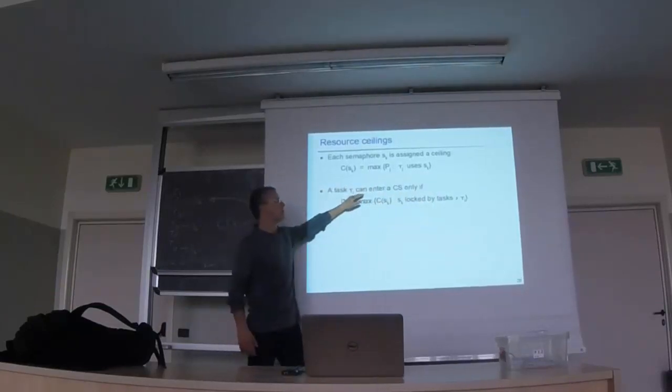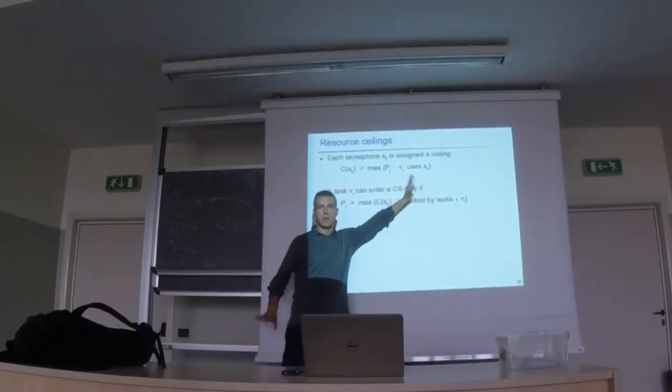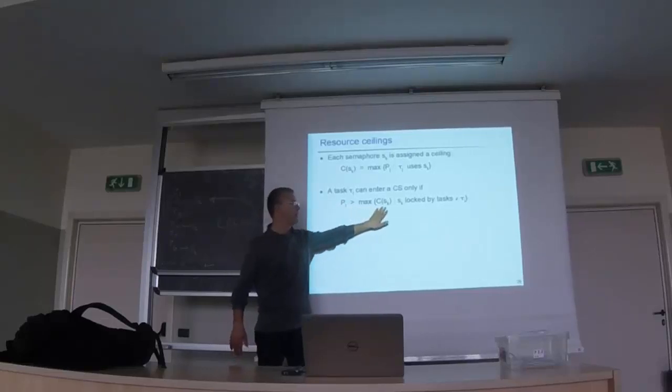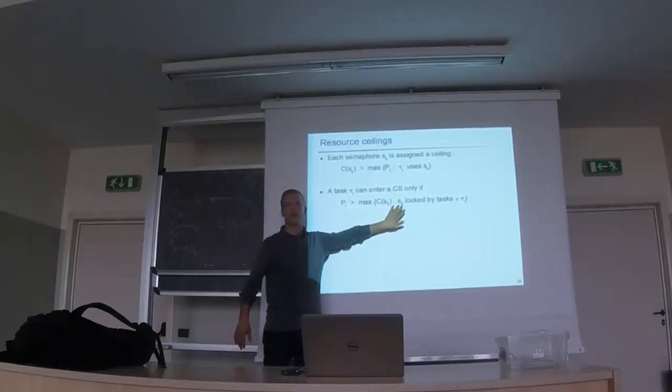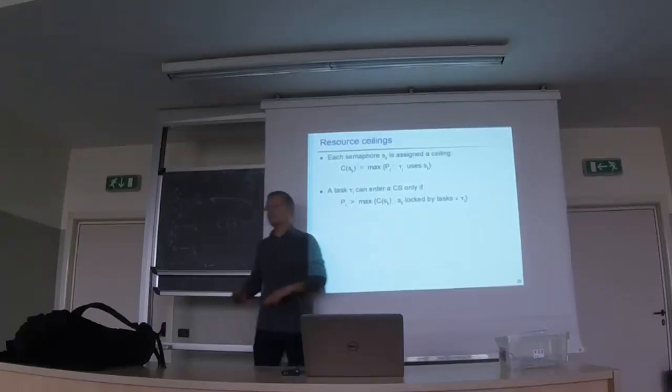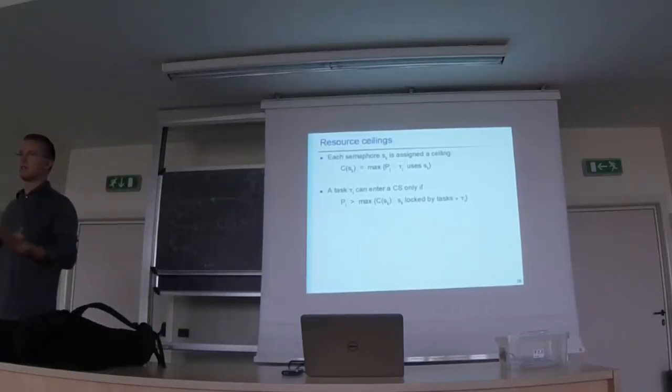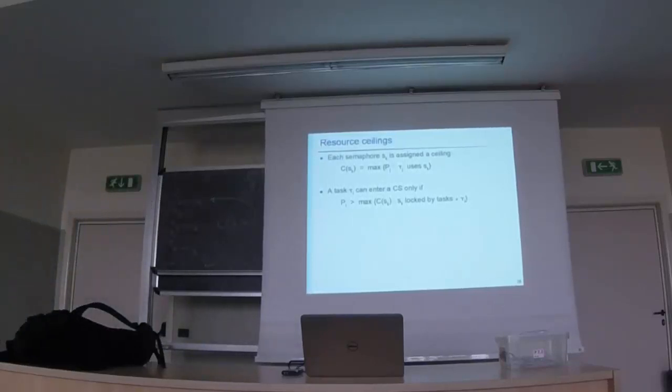No, here the resource shall be free, but also my priority shall be greater than the ceiling of the currently locked semaphores. Okay? So this is an additional condition that I require the system to satisfy to let the task lock a given semaphore. Okay?